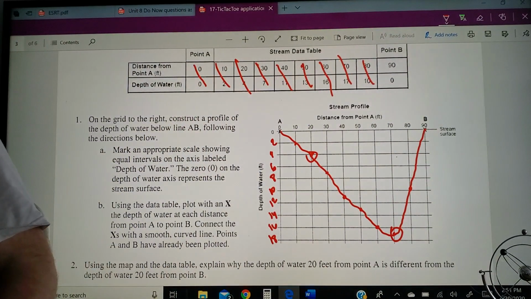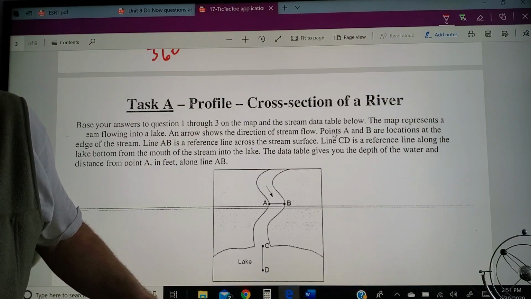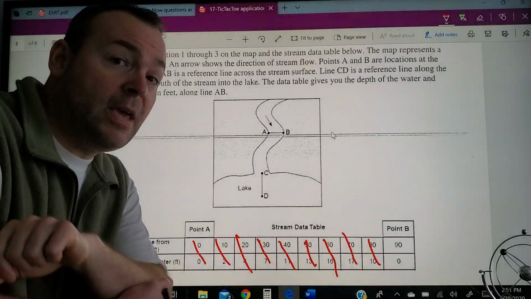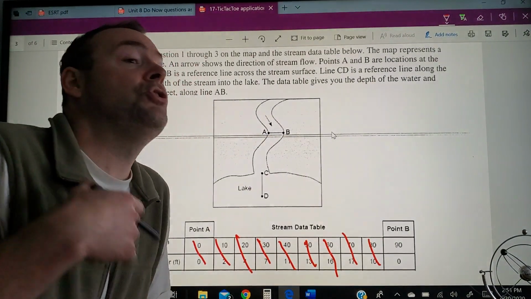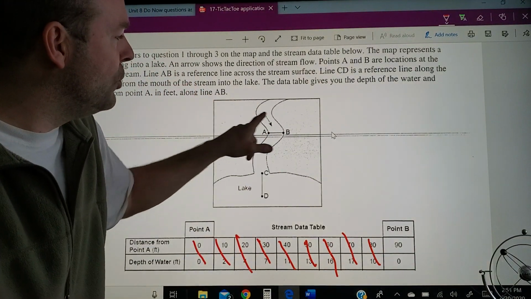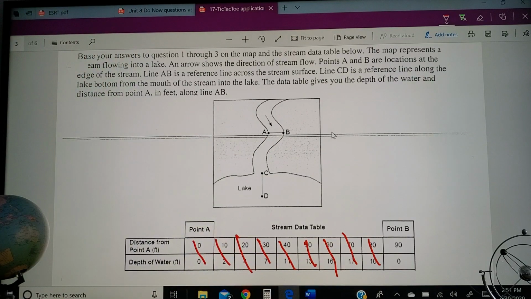Well, let's take a look at what's going on. Why would it be so much deeper over there? And son of a gun, what do you know? It's on the what side of the meander, folks? The outside. And the water would be going much faster, so you would have a much, much quicker rate of erosion. Whereas at A, it's going slower, so the water would literally follow my river flow here.